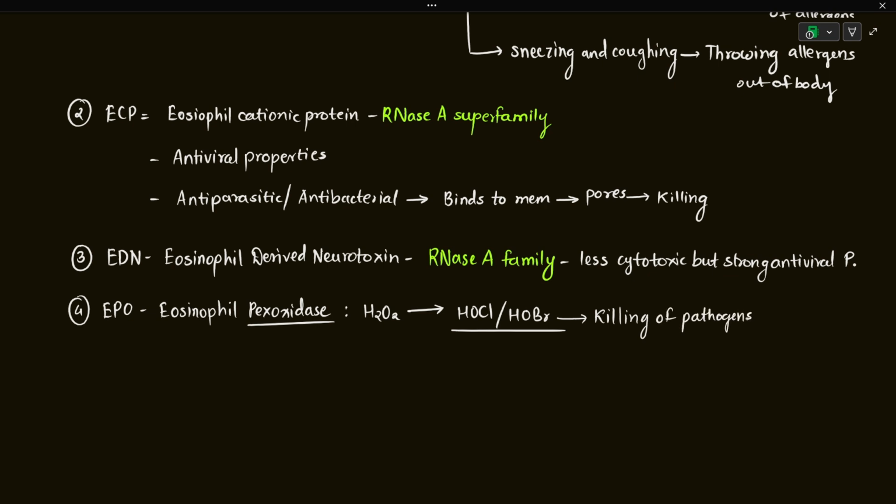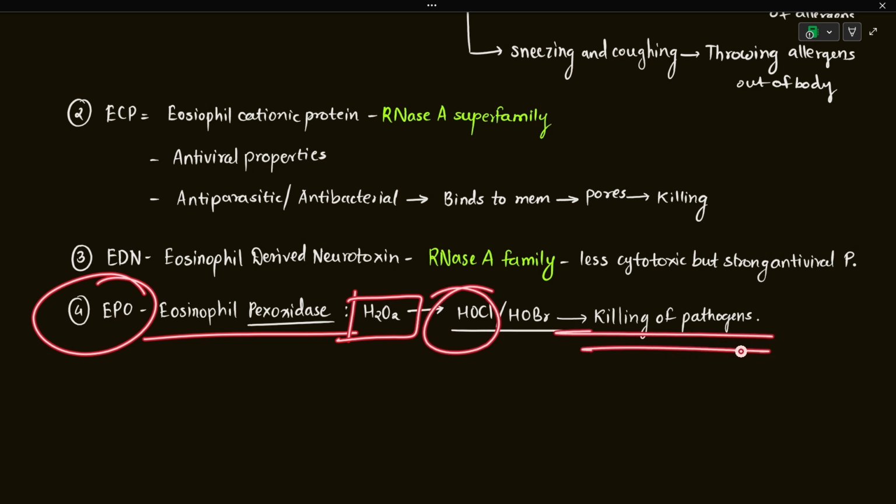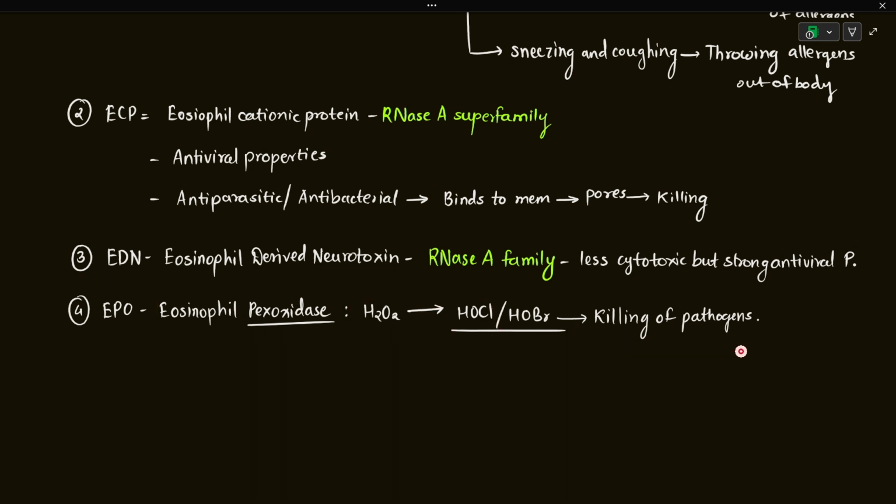So we can say that eosinophils are not a fan of production of ROS, but there exists a protein called eosinophil peroxidase, which is going to convert the hydrogen peroxide into bleach, resulting in the killing of pathogens. Besides the bleach formation, the EPO is also important in immunomodulation.